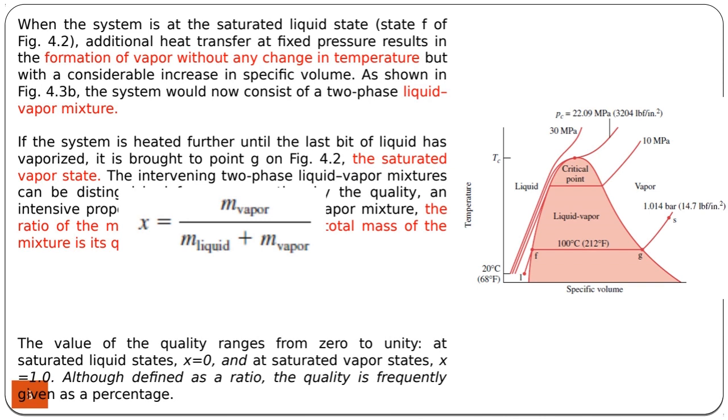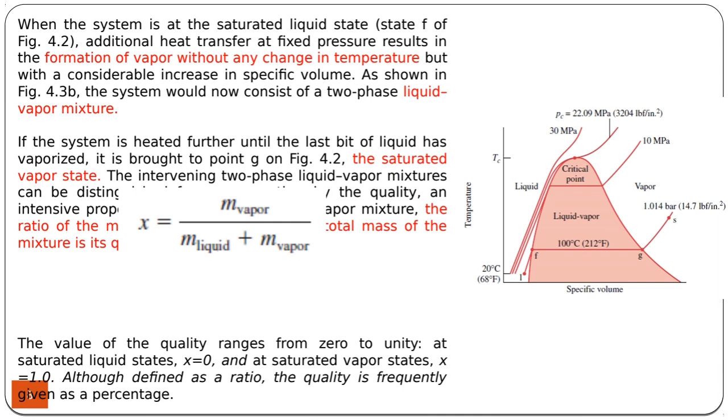So we would like to find out the properties at the mixture zone. At the mixture zone, we need to provide a definition of quality of vapor or quality of steam. Quality of vapor is the mass of the vapor divided by the total mass of the mixture of the vapor and liquid. So it gives you the percentage of the vapor as mass within the mixture.